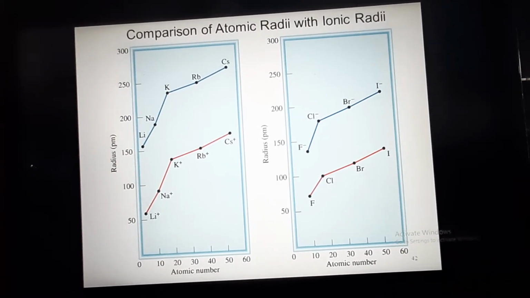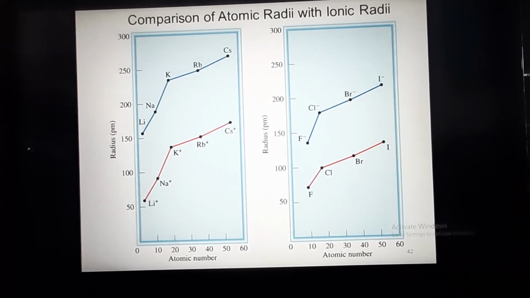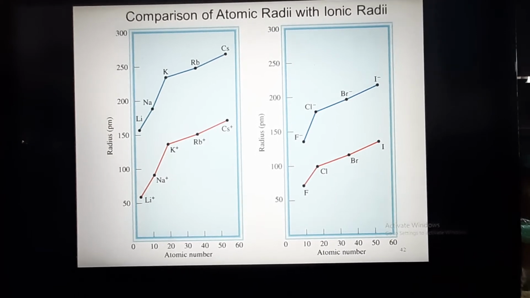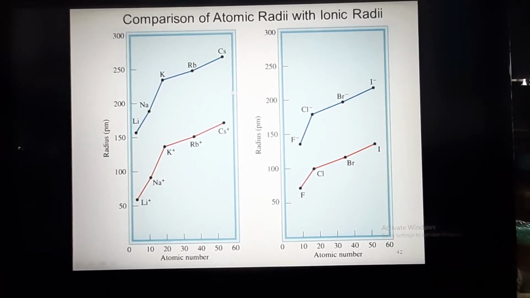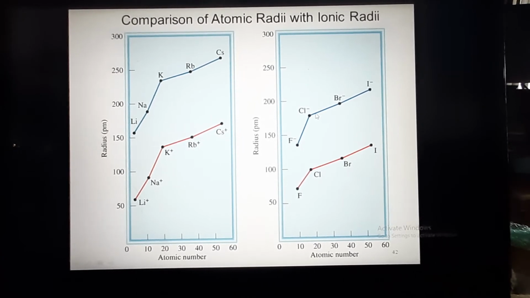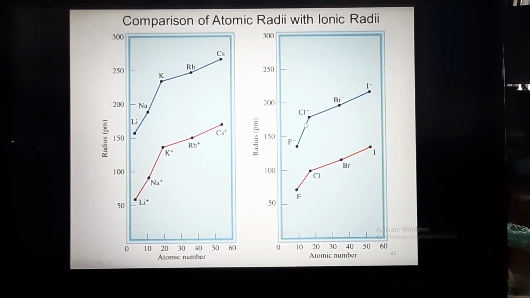This is counterintuitive to what we learned with the radius of a neutral ground state atom, because with that, as we gained electrons, we got smaller. In this case, when we gain electrons, we get larger.